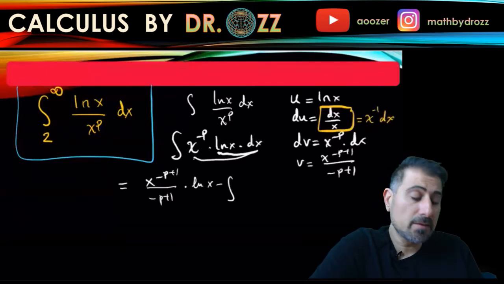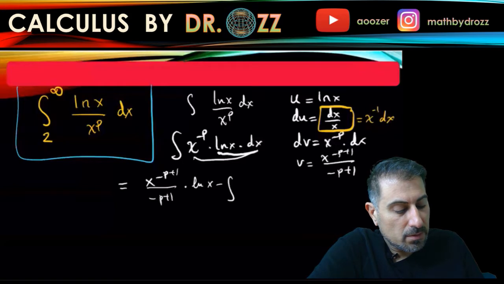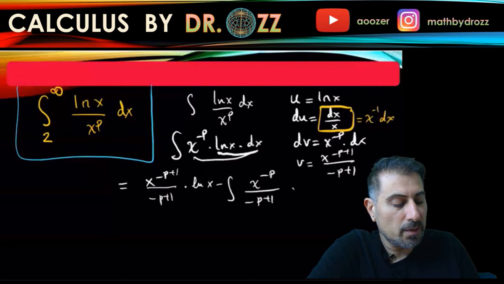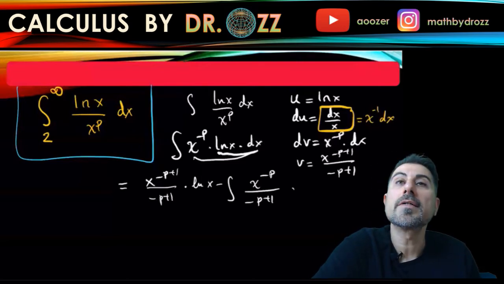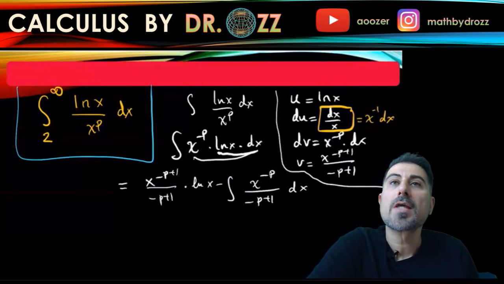So x to the minus 1 times this term, we're going to add the exponents here, so you have to be careful. X to the minus p plus 1 times x to the minus 1 is x to the minus p, so you have minus p plus 1 dx. You're going to be very careful here. All right, here we go.